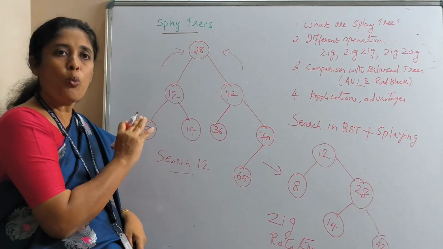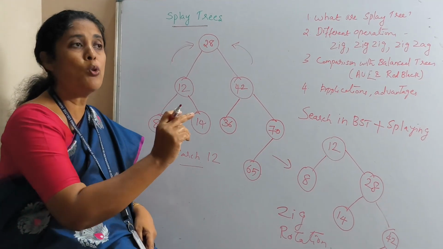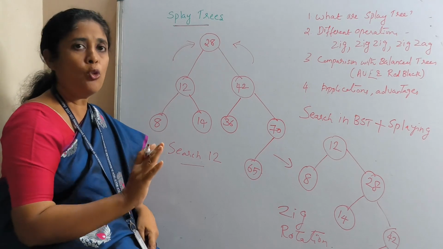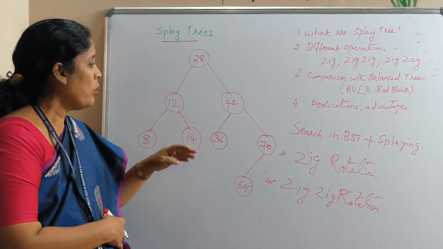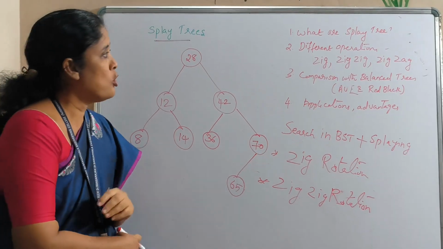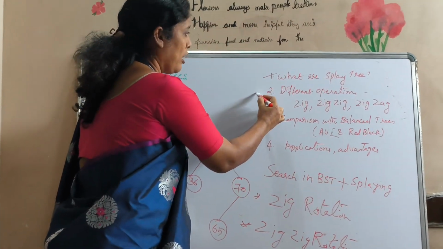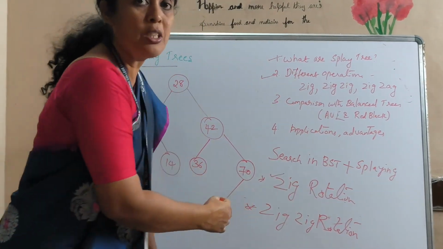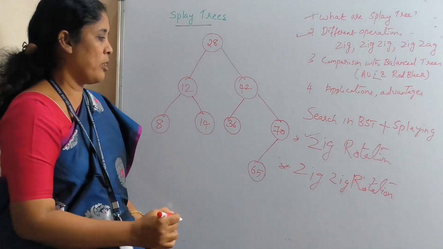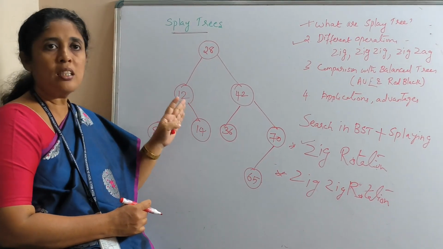This can be done only when the search element you are searching for is a subnode of the root. Then you will go for a zig rotation. Now we saw zig rotation. What we have seen till now is what SPLAY trees are and the different operations. We have already seen the zig rotation, and now we are going to see the zig-zig rotation.